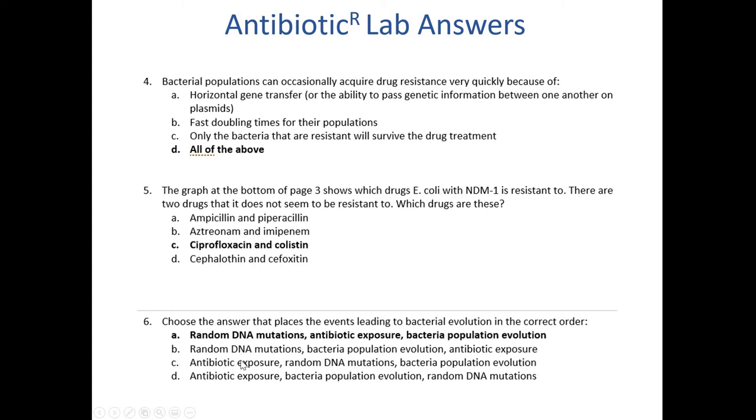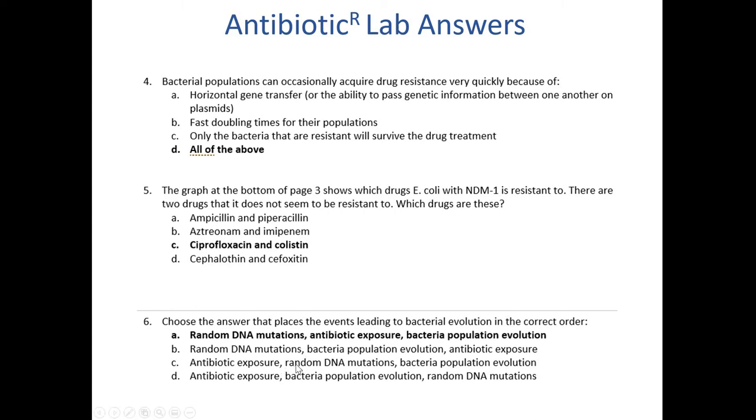B is wrong, for example, because while random DNA mutations do occur first, the bacterial population is not going to evolve without the antibiotic exposure in order to place selective pressure for that DNA mutation. C is wrong because if you have antibiotic exposure first, then random DNA mutations, these DNA mutations are not going to be able to occur if you have the antibiotic exposure that acts on a completely susceptible population.